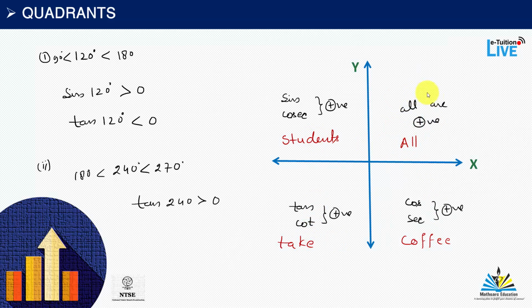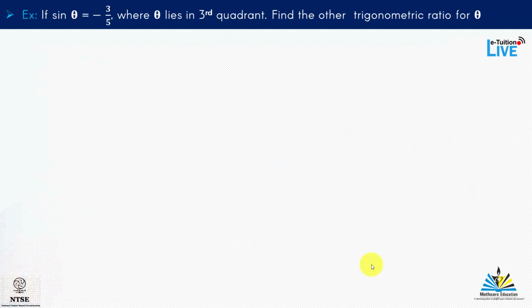All means in the first quadrant all trigonometric ratios are positive. Student means sine and cosec are positive in the second quadrant. Take means tan and cot are positive in the third quadrant. Coffee is for cos and sec. In the fourth quadrant, cos and sec are positive and the rest are negative.